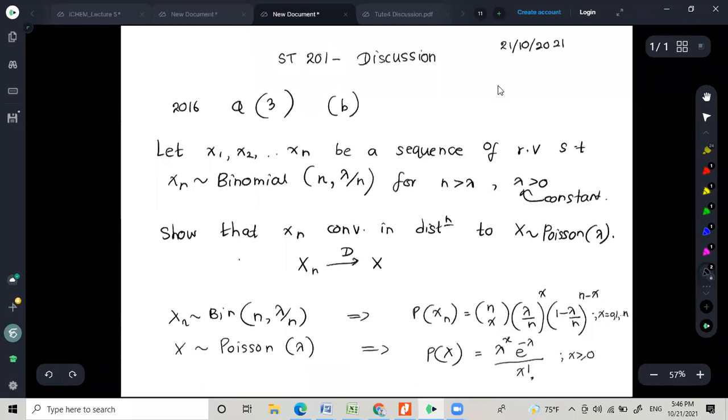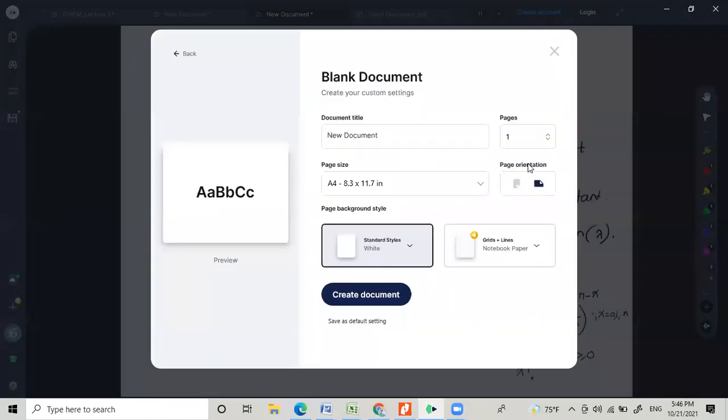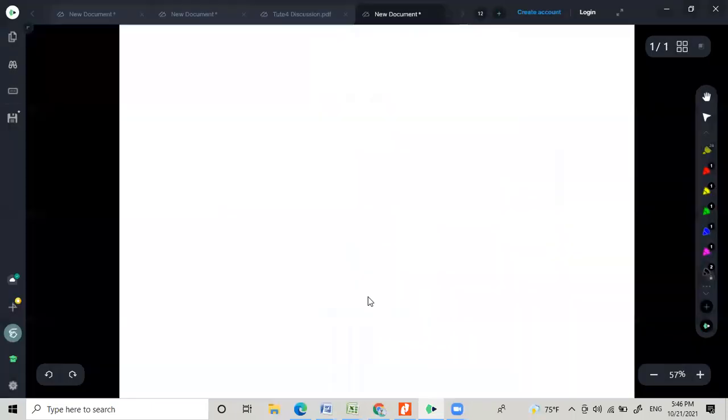I had about 10 pages. Let me start from the beginning. That's my document. Still only 10.